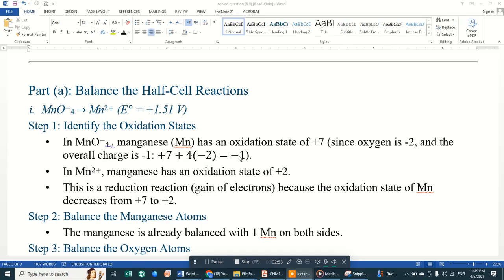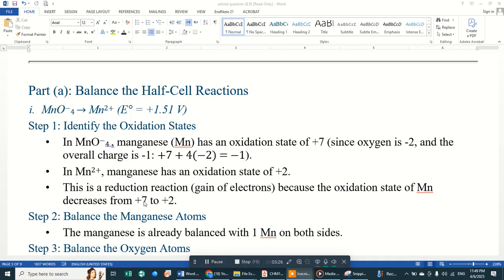The answer is -1, and that -1 oxidation state is represented by a negative charge on the permanganate ion, and the oxidation state of manganese is +2. It means manganese basically changes from the +7 oxidation state to the +2 oxidation state. +7 to +2 means it's a reduction process.